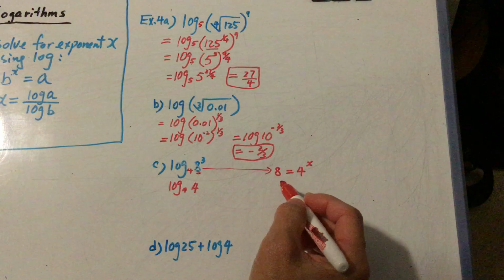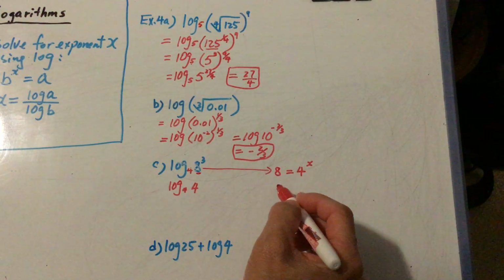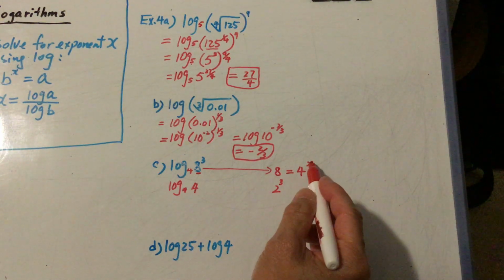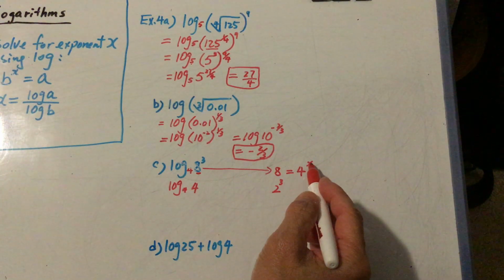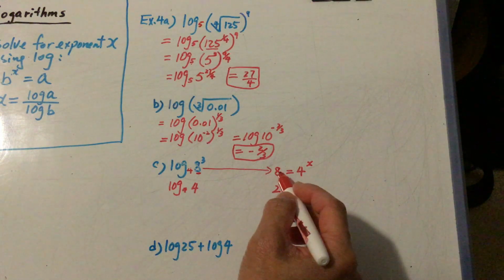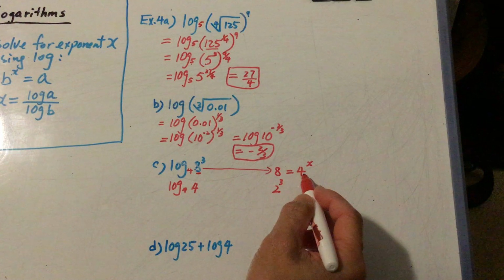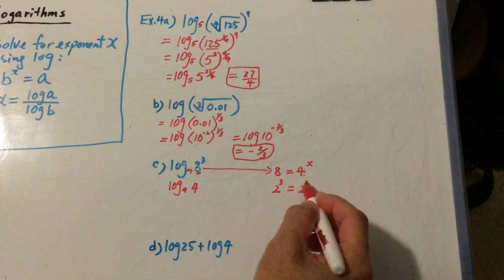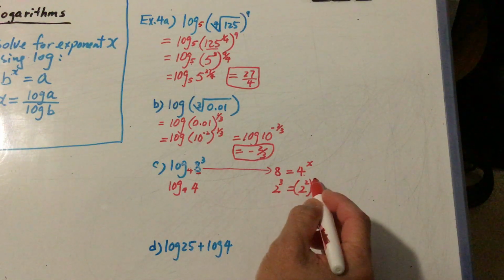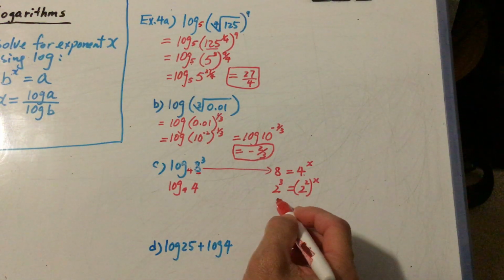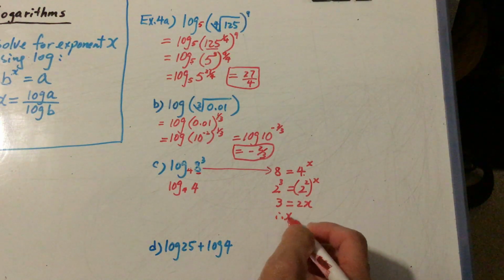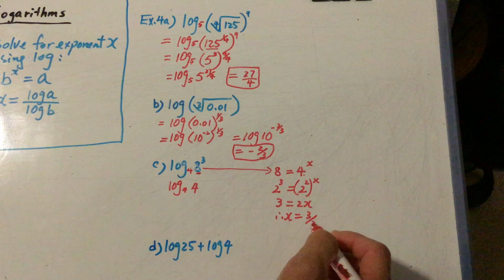Now I know that this is going to be equal to this. Remember that we're trying to solve for x. 8 is the same as, the only way that I can turn 8 into 4 is to have the base of 2. So this will be 2 to the 2, and so that 3 must be equal to 2x. Therefore, solving for x gives 3 over 2.